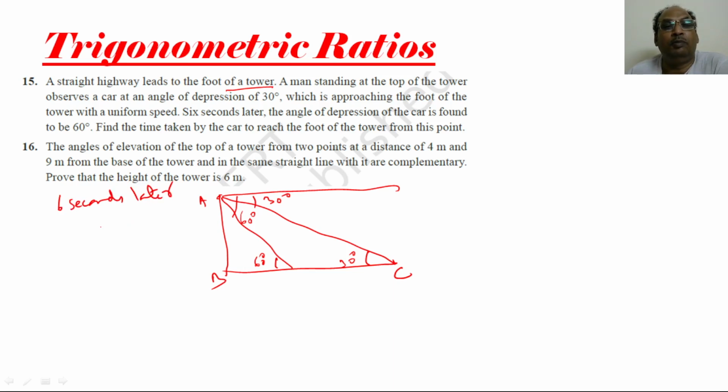Two things we need to remember: 6 seconds later and the uniform speed. Speed we do not know. So find the time taken by the car to reach the foot of the tower from this point. Okay.